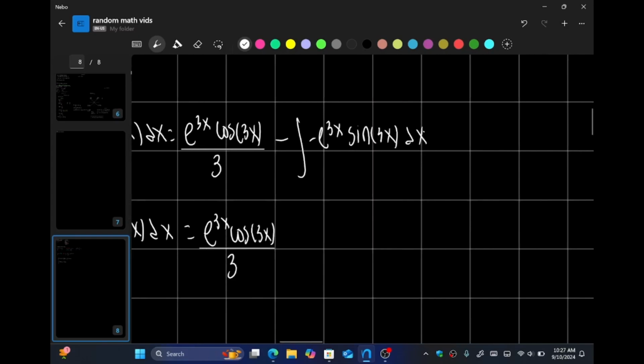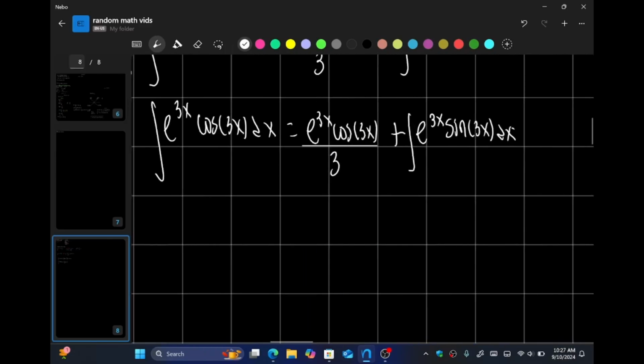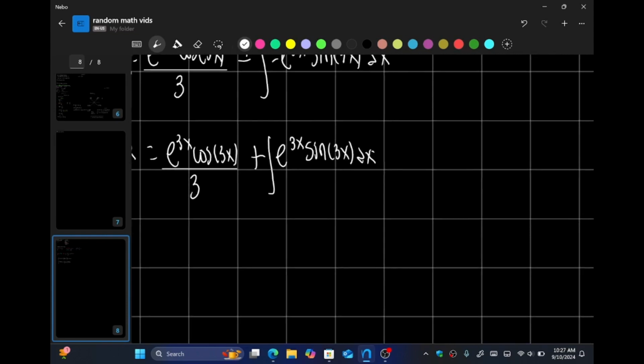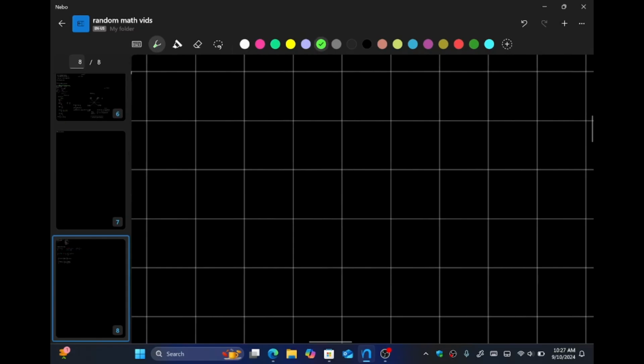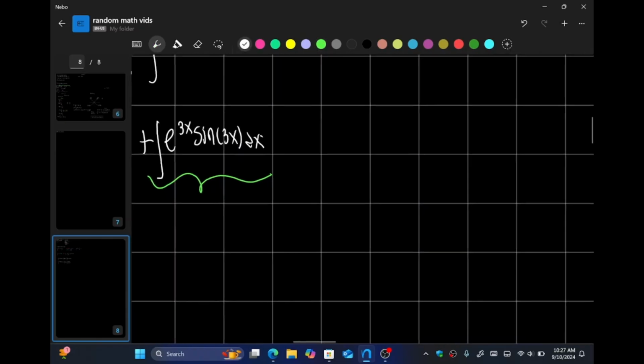And then plus, because the negative distributes, the integral of e to the 3x sine of 3x dx. Now, you're going to do integration by parts again, okay? We're going to look at this one. We're going to do a little bit of separate work here.